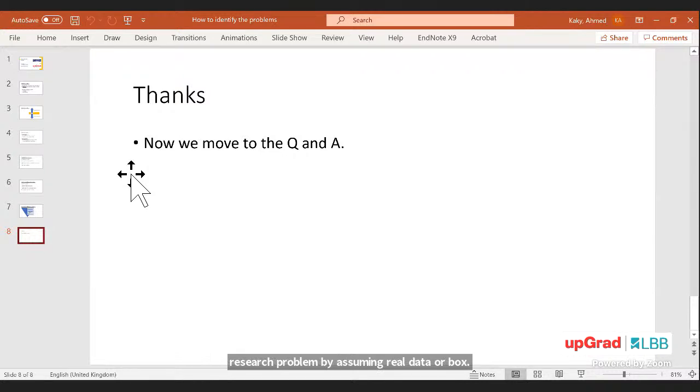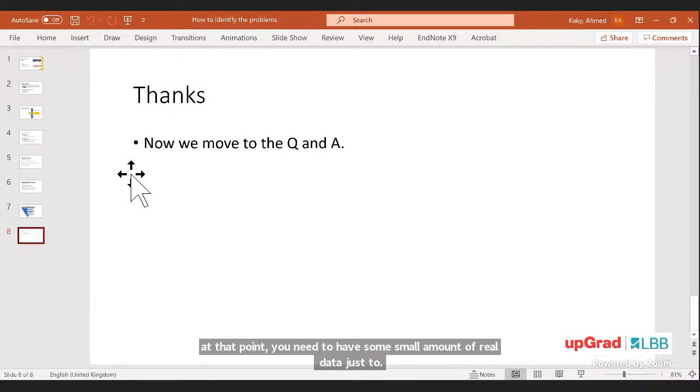Okay, we've just mentioned that if you work with some theoretical research problems, then you may end up having a small case study just to do a proof of concept. At that point, you need to have some small amount of real data just to prove your solution or your idea.